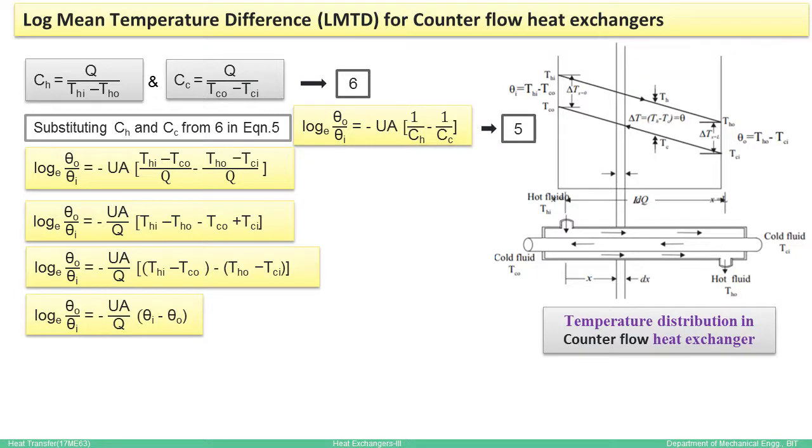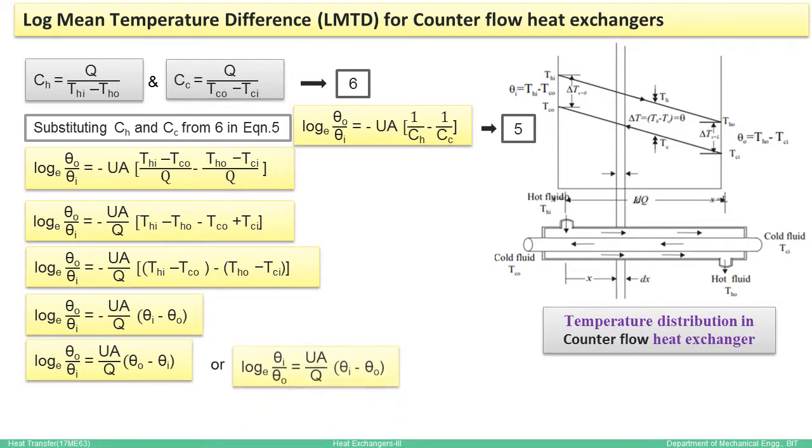Now Thi minus Tco is replaced by theta i, and similarly Tho minus Tci is replaced by theta o. And further, because of the negative sign taken in the RHS, we can rewrite the RHS as UA into (theta o by theta i) divided by q. Or you can also write log of theta i by theta o is equal to UA by q into (theta i minus theta o).